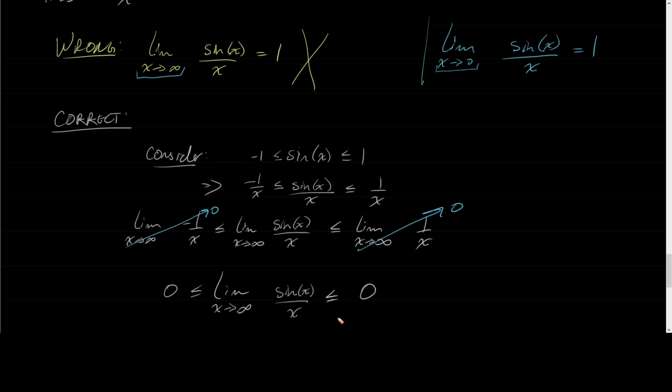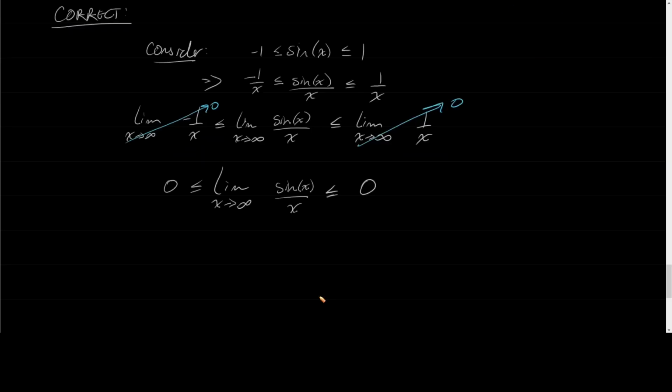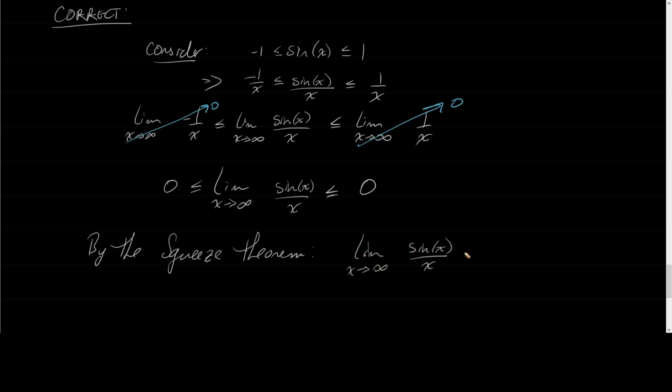Well, in here, this should remind you of something. This is called the sandwich theorem or the squeeze theorem, right? So what we can say there is that by the squeeze theorem, the limit as x goes to infinity of sine of x over x is 0, all right?